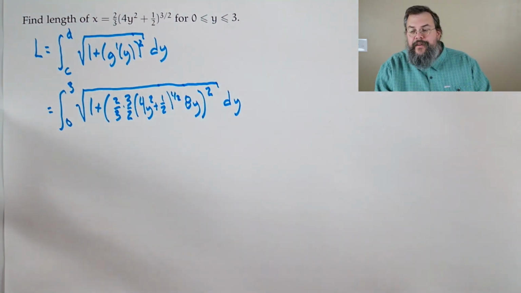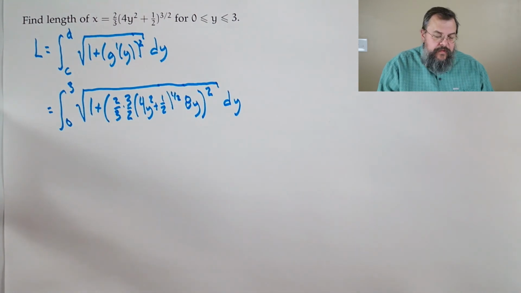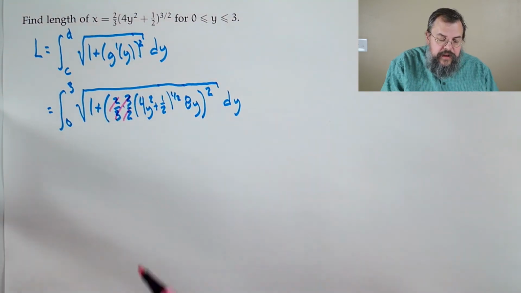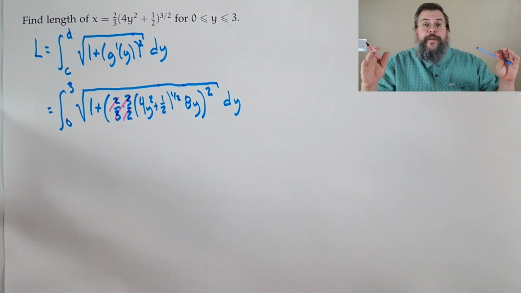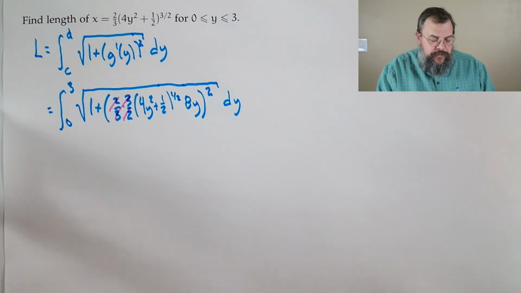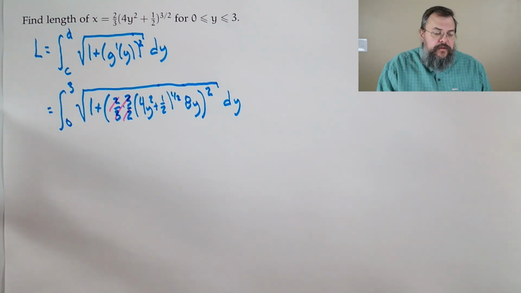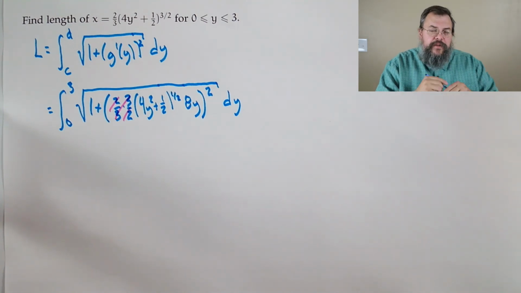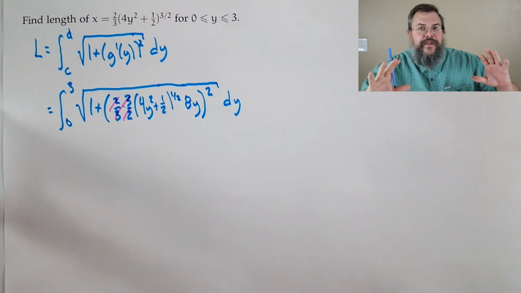Okay, progress, good. Now we can clean this up. The 3's and the 2's cancel, almost as if they were meant to cancel, because they were meant to cancel. Oftentimes, these problems are very delicate in that they've been set up so that some beautiful algebra will happen.